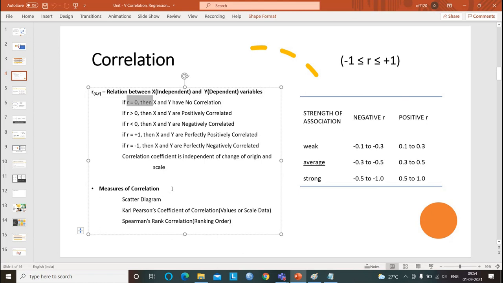If there is a change in x variable, then that is called perfectly positively correlated. If r is equal to minus 1, then we write x and y are perfectly negatively correlated. See, whatever the problem might be, these are our answers: no correlation, positively correlated, negatively correlated, perfectly positively correlated, or perfectly negatively correlated.